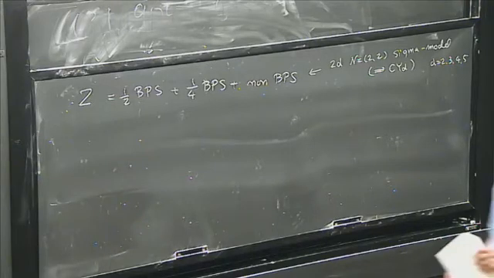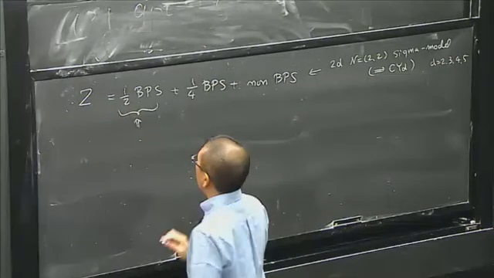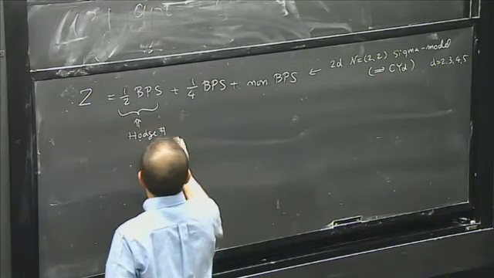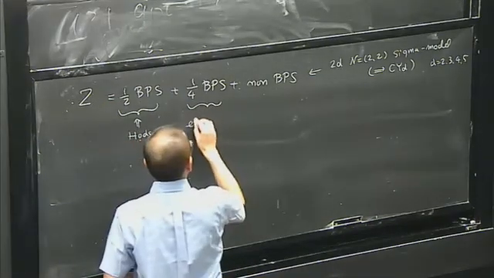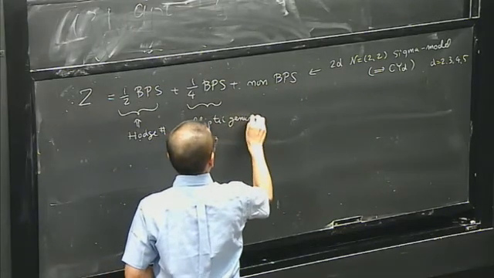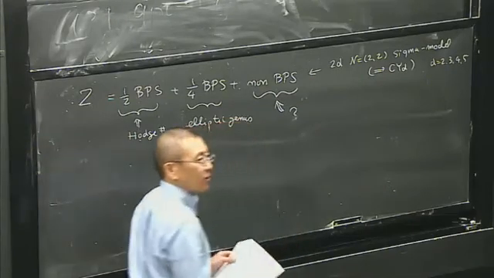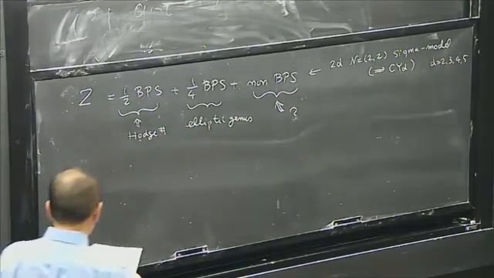This part is completely understood. This part can be understood by knowing just the Hodge numbers. This part is essentially understood by knowing the elliptic genus. And this is the part that I'm going to talk about today. So that is one of our results.